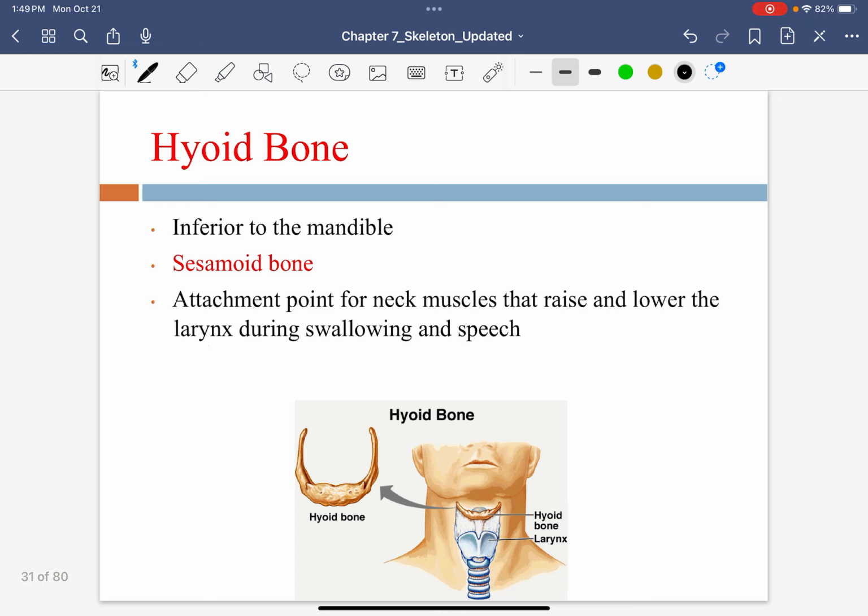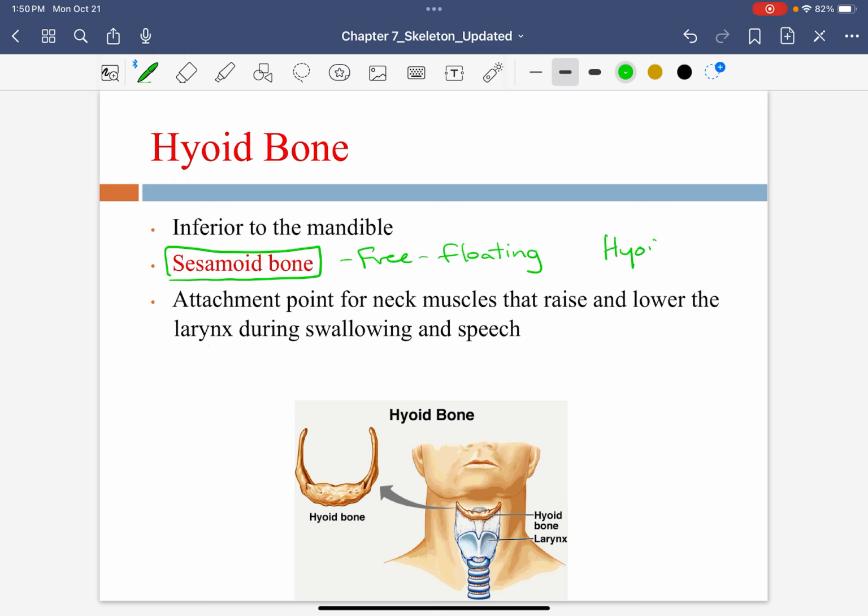Excellent. So make sure you review. We talked about the hyoid. Now I want to make sure you can define for lecture sesamoid bone. A sesamoid bone is a free-floating bone, meaning it doesn't articulate with another bone. There's only a couple in the body. The hyoid is one.